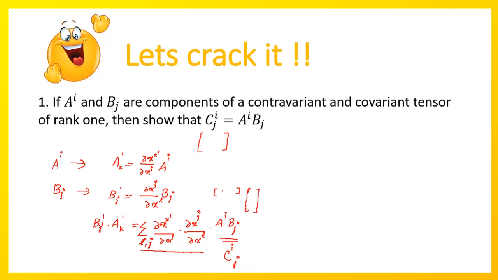So you know that when you multiply a row with a column, what you will get is a two-component, two-dimensional object. So here what you will get is a mixed tensor with the components j and i. Hope you are clear with this.